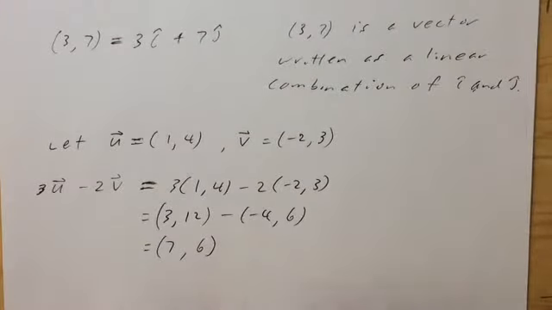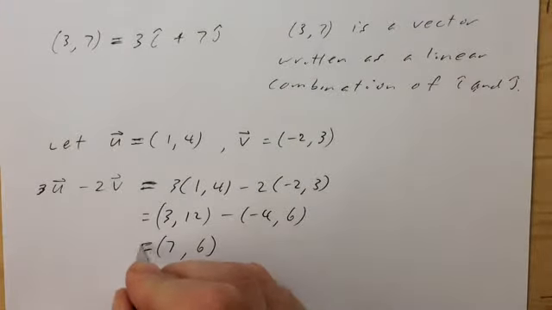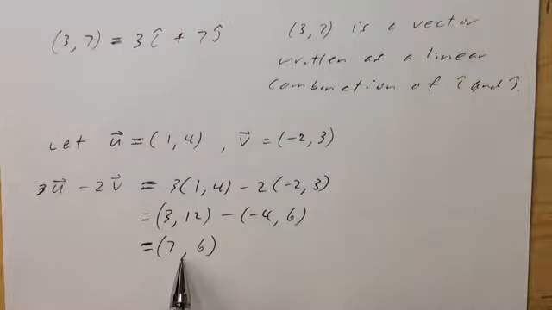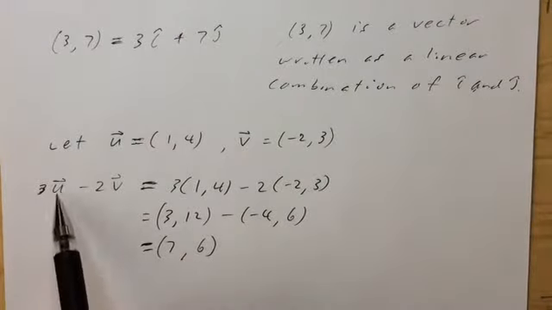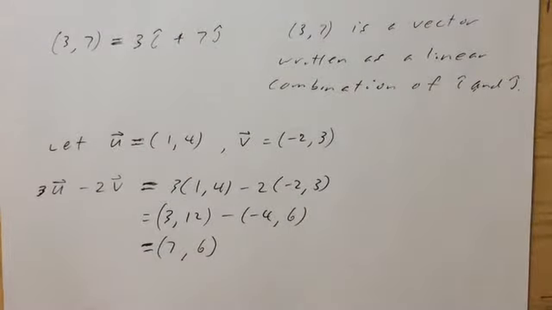Okay. So we have the vector 7, 6 can be written as a linear combination of vectors u and v.